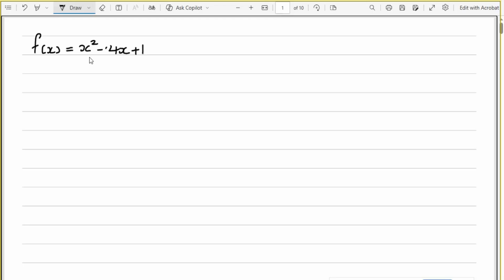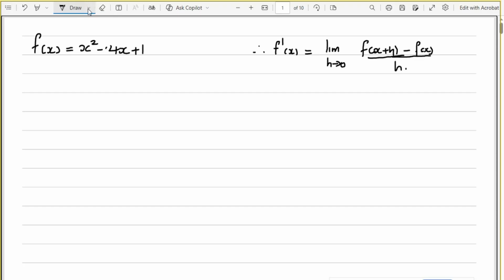Right, so when they say f prime from first principles, if you still remember, it goes like f prime of x is equal to the limit as h approaches 0 of f of x plus h minus f of x, and then we divide everything by h.